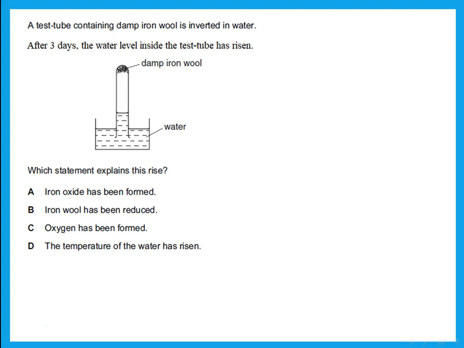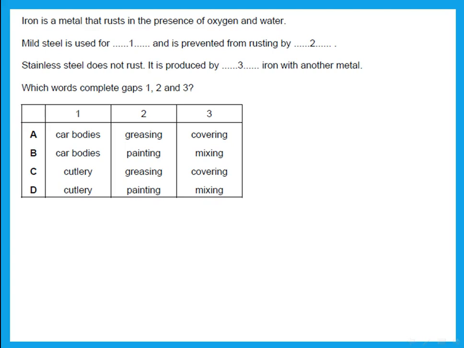Now when it rusts, it uses up oxygen from the air in the test tube, and that is why the water goes up the test tube to replace the oxygen that has been used in rusting. So which statement explains the rise? The fact that the iron oxide has been formed, that's why the water goes up. Iron is a metal that rusts in the presence of oxygen and water.